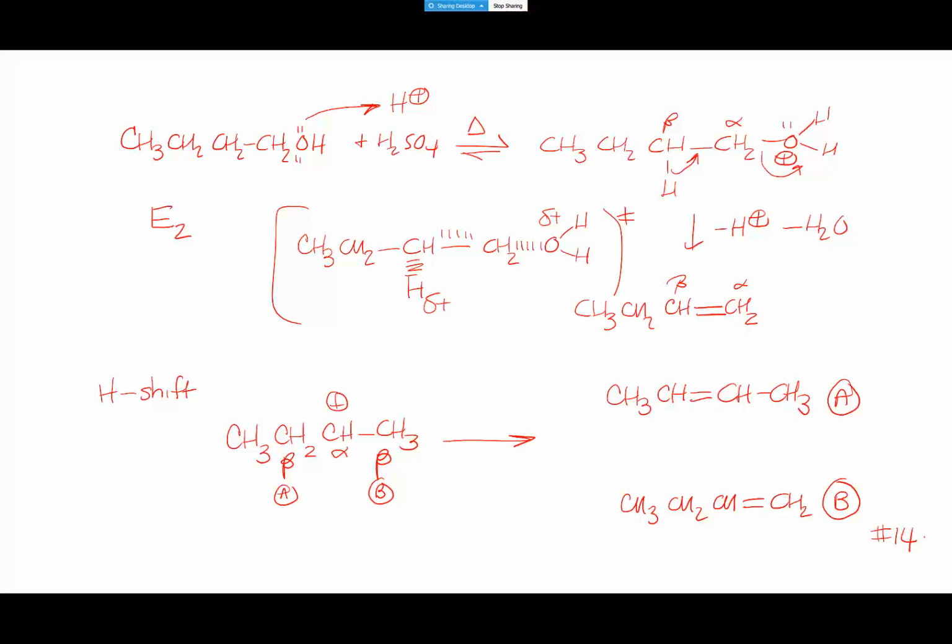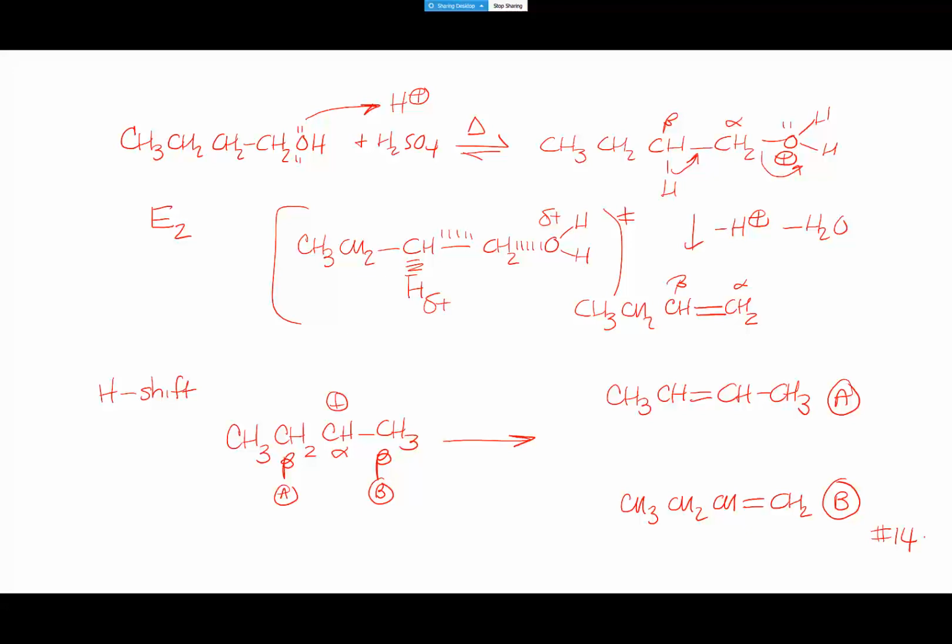Alex? So we were able to do the iron because we made it into the carbon. Right, because we shifted it. So when the hydrogen shifted over, that left us with a secondary carbocation. Did that follow our rules? Yeah, we did 1 shift.